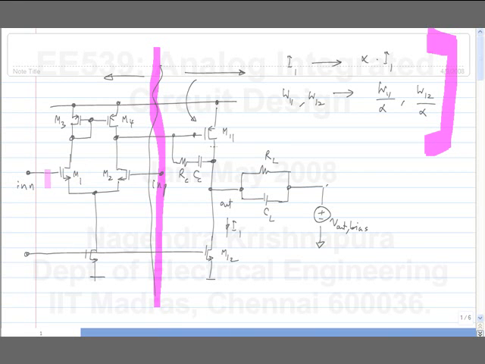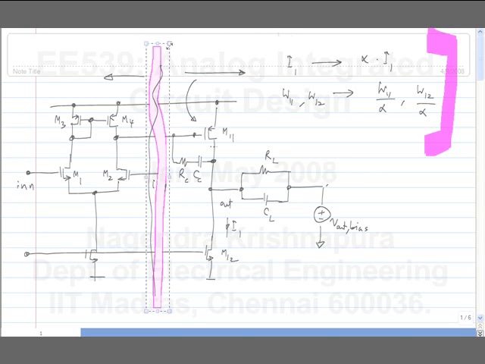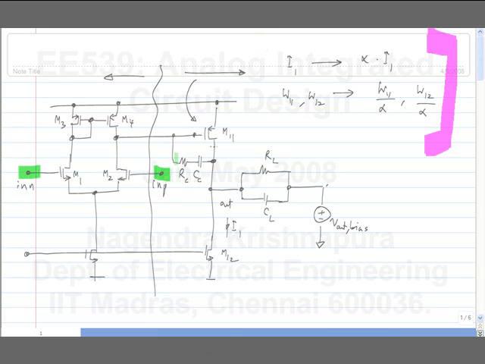So the contribution of M1 is much more significant. Basically, you have an amplifier between these points and here. So anything that is added after this will get divided by the gain of the first stage, so its contribution will be insignificant.